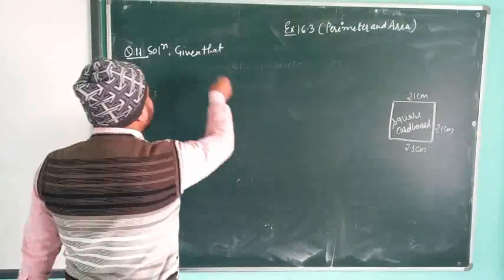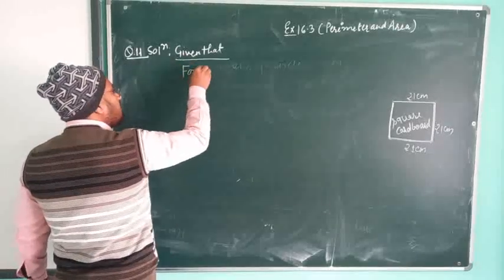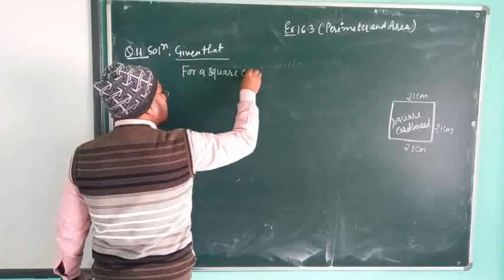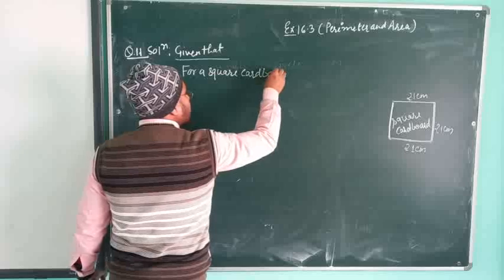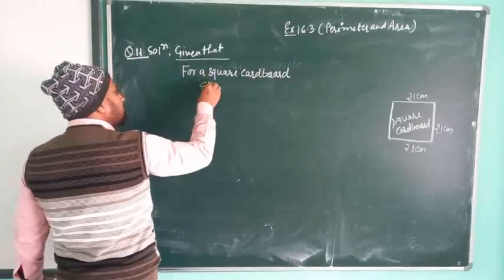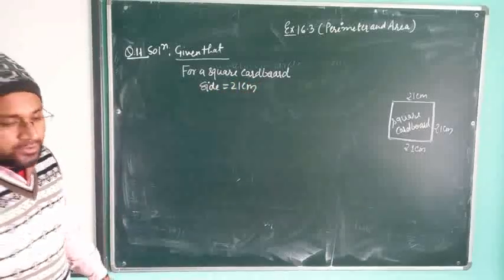Then the maximum area is taken out. So for our calculation, for the square cardboard, side is equal to 21 centimeter.